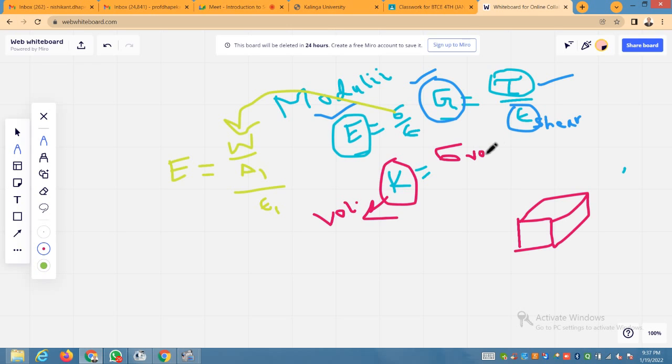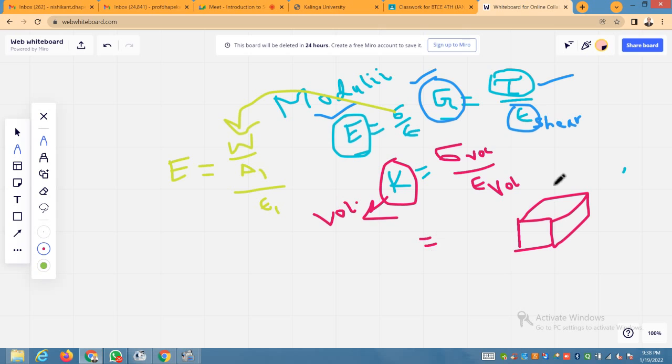Volumetric stress upon volumetric strain. I am abbreviating volumetric as VOL. So again stress upon strain, but it is volumetric stress upon volumetric strain.